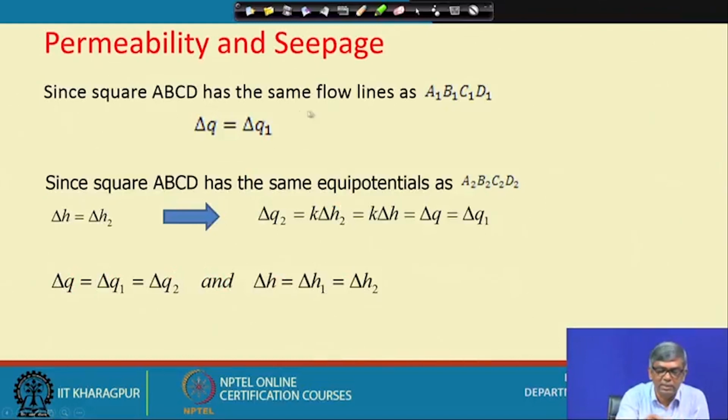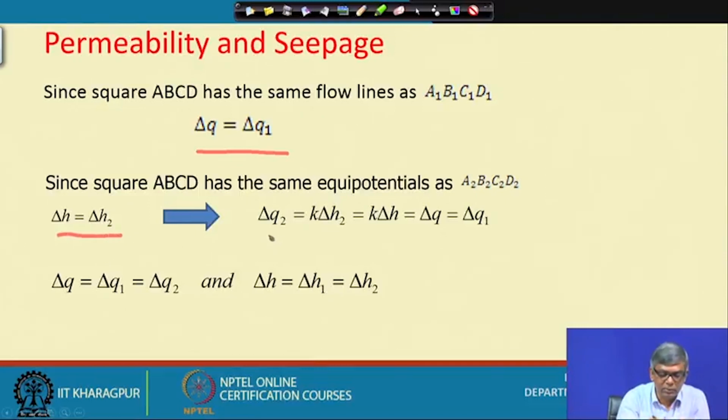If that happens, then since square ABCD has the same flow lines as A1 B1 C1 D1, del Q must be equal to del Q1, and since it has the same equipotentials as A2 B2 C2 D2, then del H will also be equal to del H2. That is another condition.